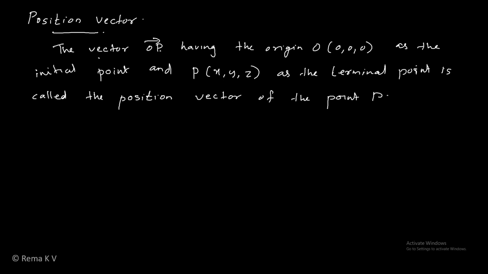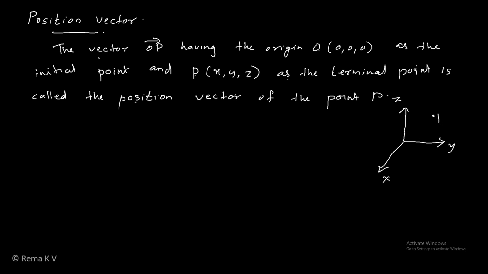The vector OP having the origin O, which is coordinates of origin 0 0 0 as the initial point, and the point P (x, y, z) as the terminal point is called the position vector of the point P. And you know the coordinate axes in three-dimensional geometry, that is x-axis, y-axis and z-axis.